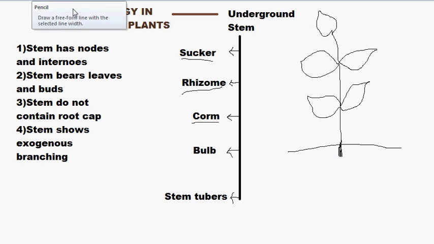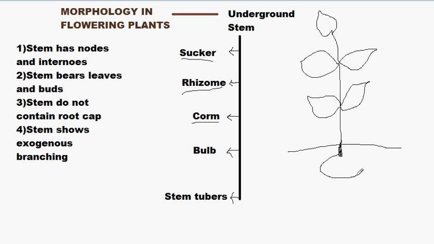Till now we have been discussing the rhizome, the corm, and the bulb. They are all the modifications, or forms of underground stem, and they are formed due to the storage of food. The stem tubers are also formed due to the storage of food, and they do not contain any roots or fibrous root, more specifically at their base.